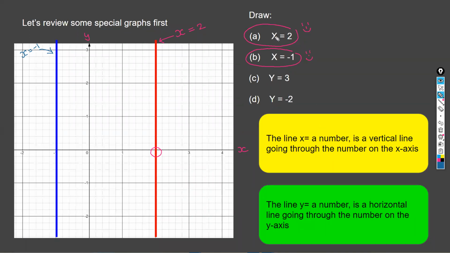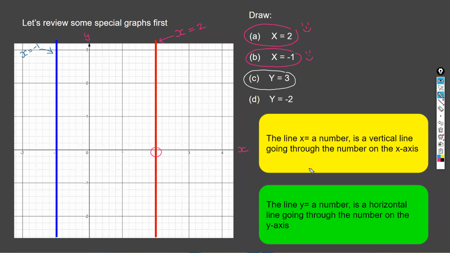So if you have one letter and that one letter happens to be X equal to a certain number, it's just vertical lines. So by now, I think everyone will be able to get our part C. If you have Y is equal to 3, then it's going to be the opposite. Instead of it being a vertical line going through 3, it's going to be what?